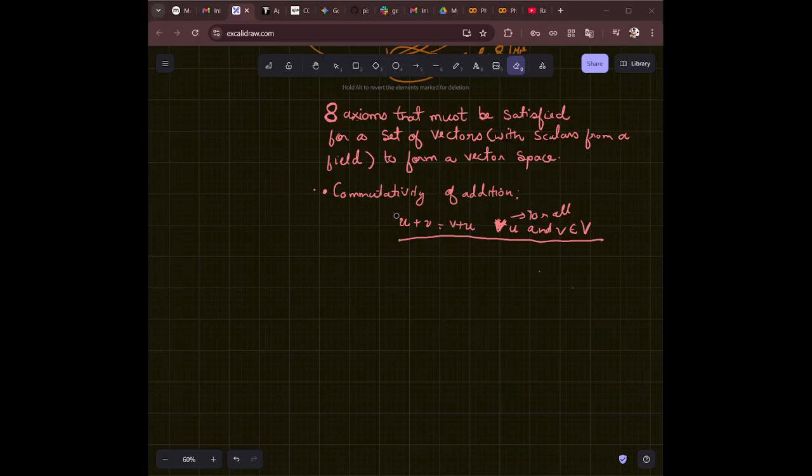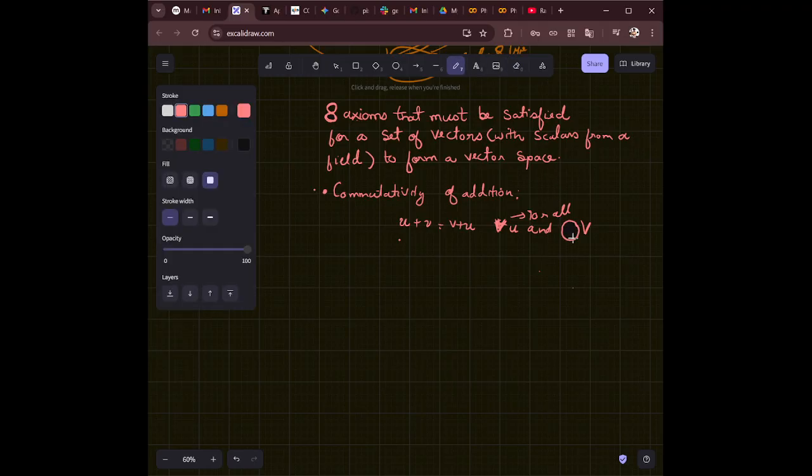Either way you add them, the result is the same for every u and v, which are elements of the set V. This symbol represents element. So this is for every element.